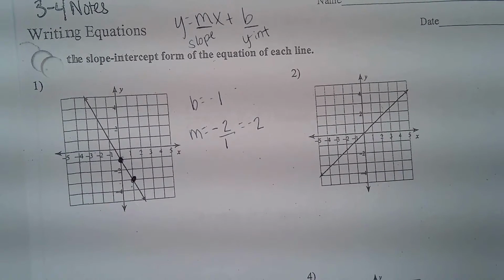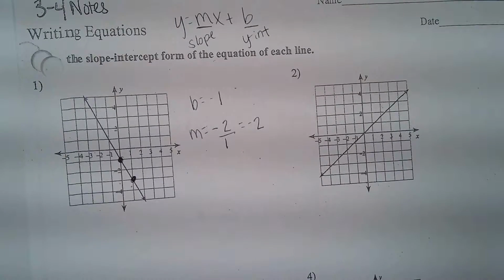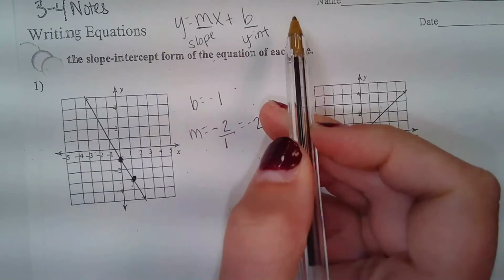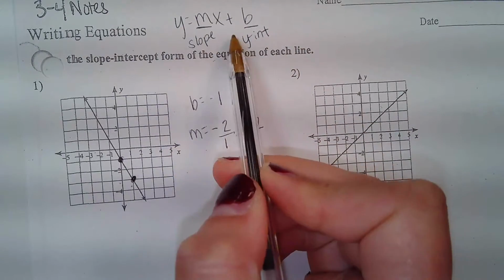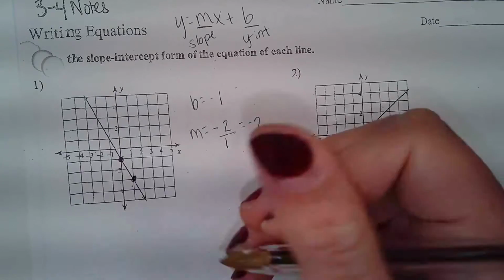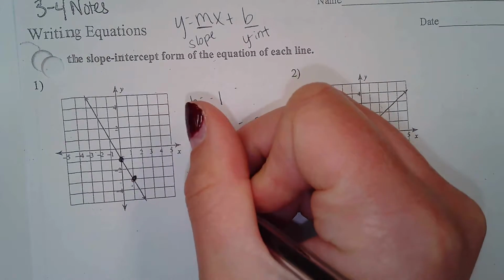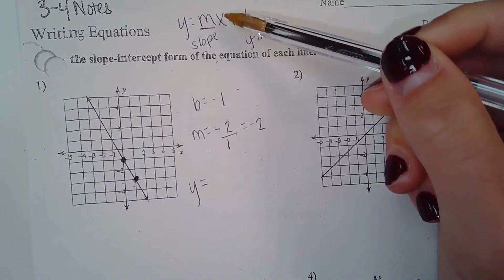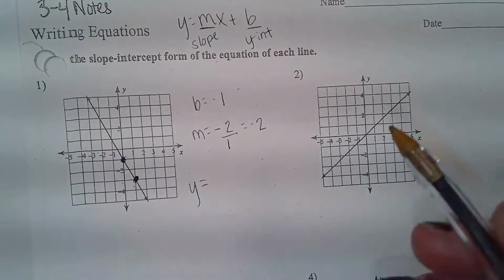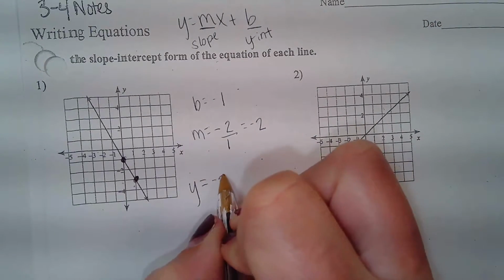So we have a slope, we have a y-intercept. Are we good with finding both of those things? Now you can write the equation of your line. You're using slope-intercept form. You're always going to leave the y and the x in your final answer, right? So we'll have y equals, what do we put in place of m? What was our slope? -2.